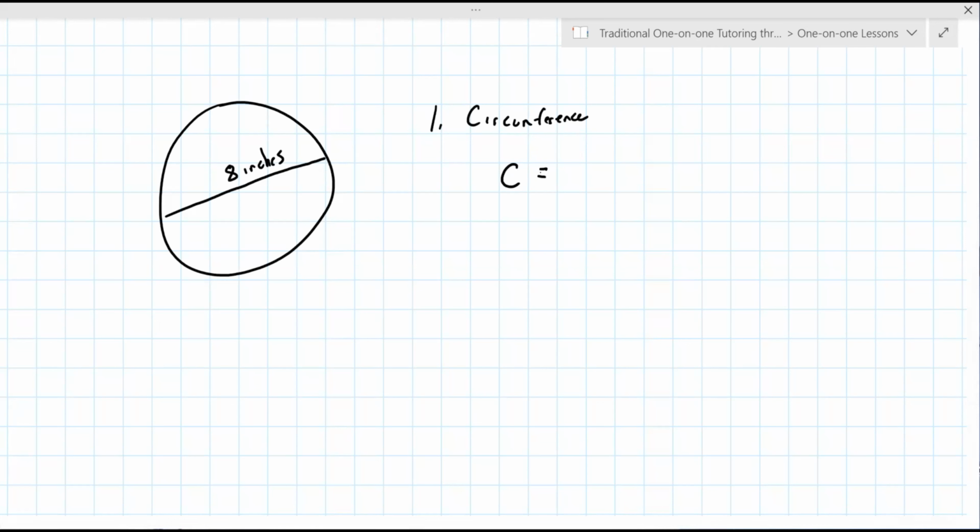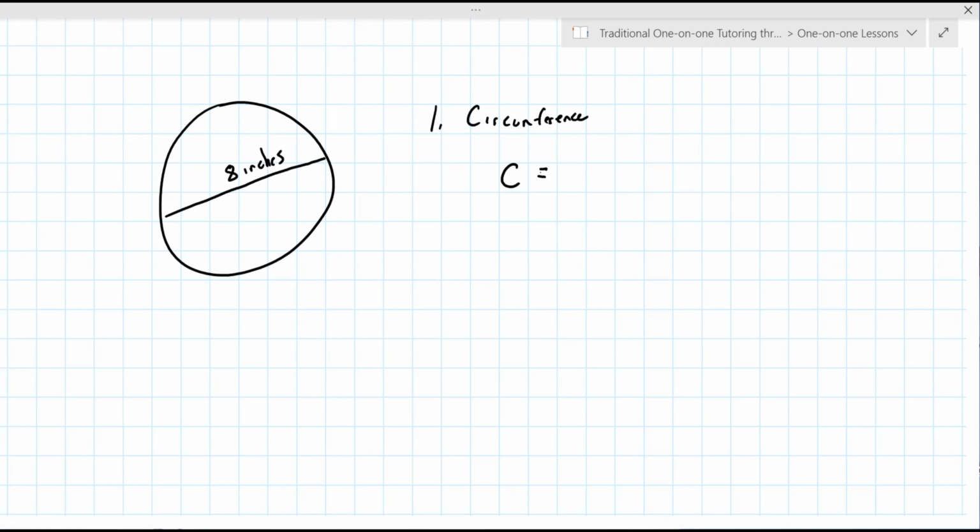The formula for circumference is... 8 inch. No, I want the formula. I'm not asking for the answer. I'm asking for the formula.